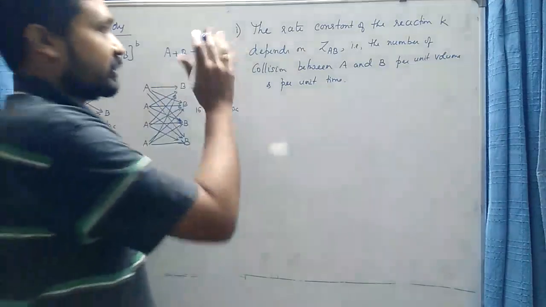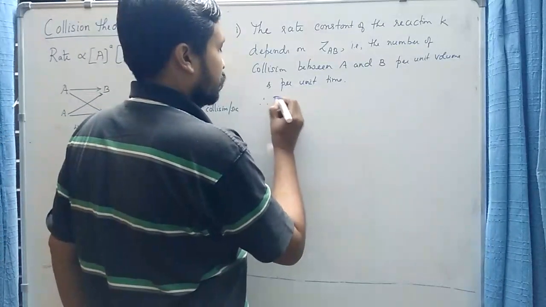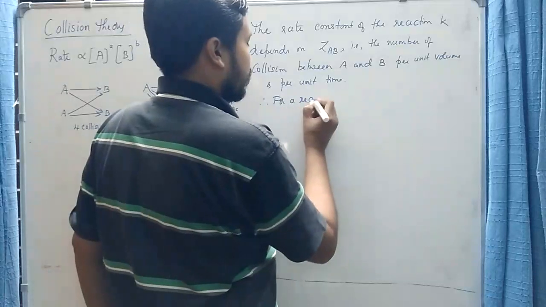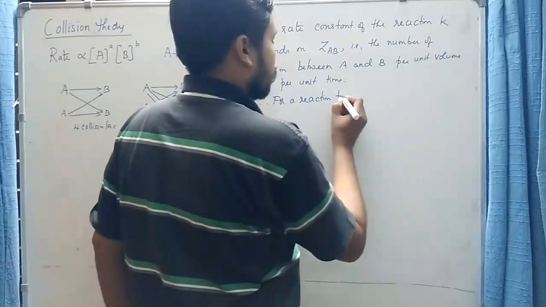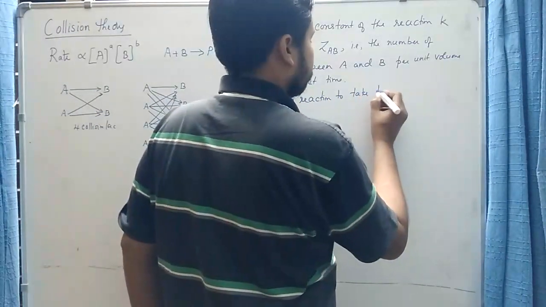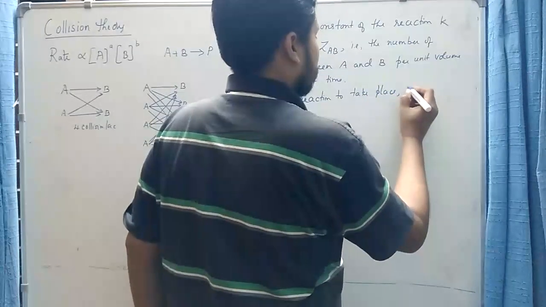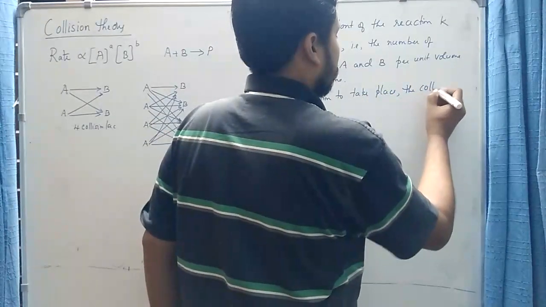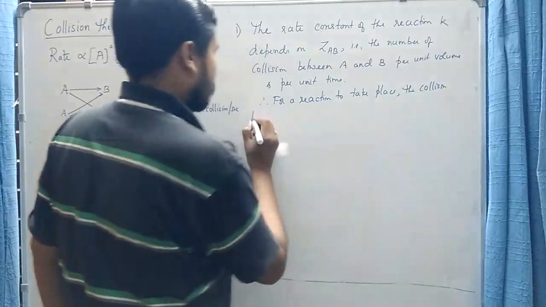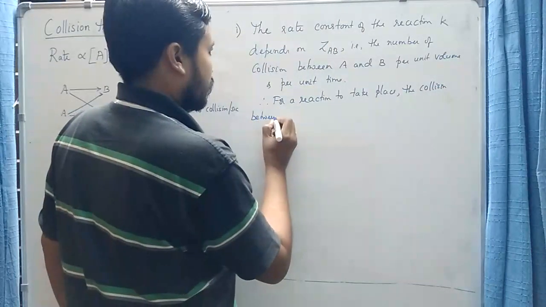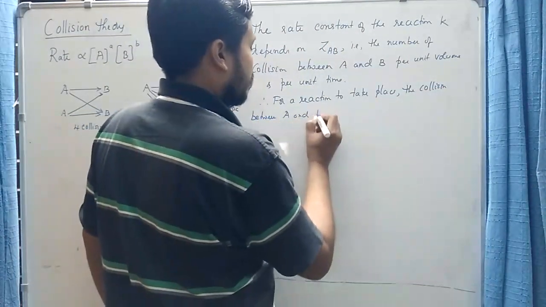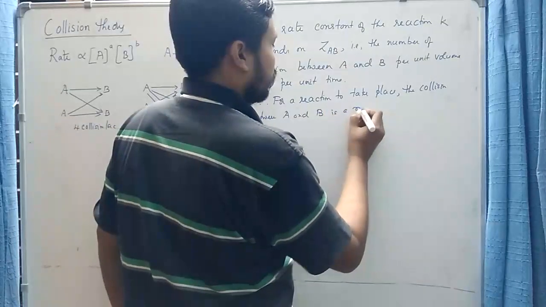So according to this theory, for a reaction to take place, the collision between A and B is a must.